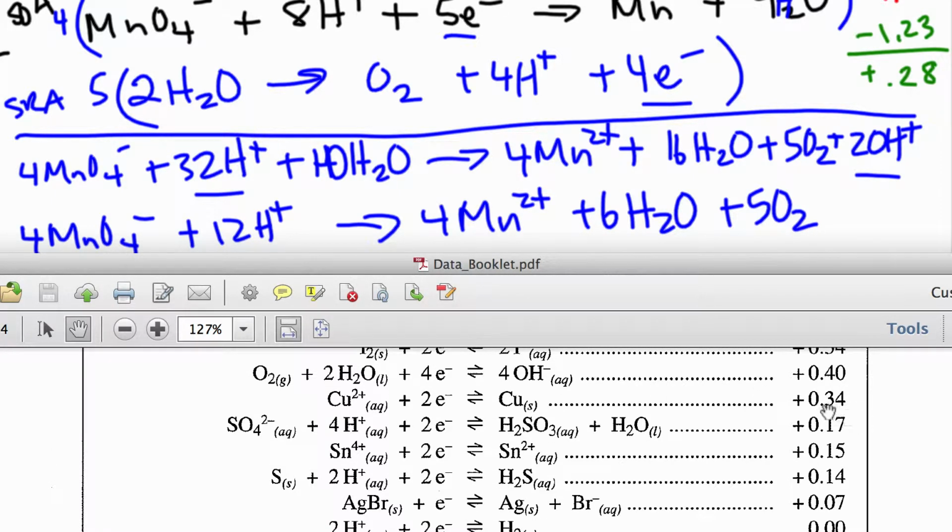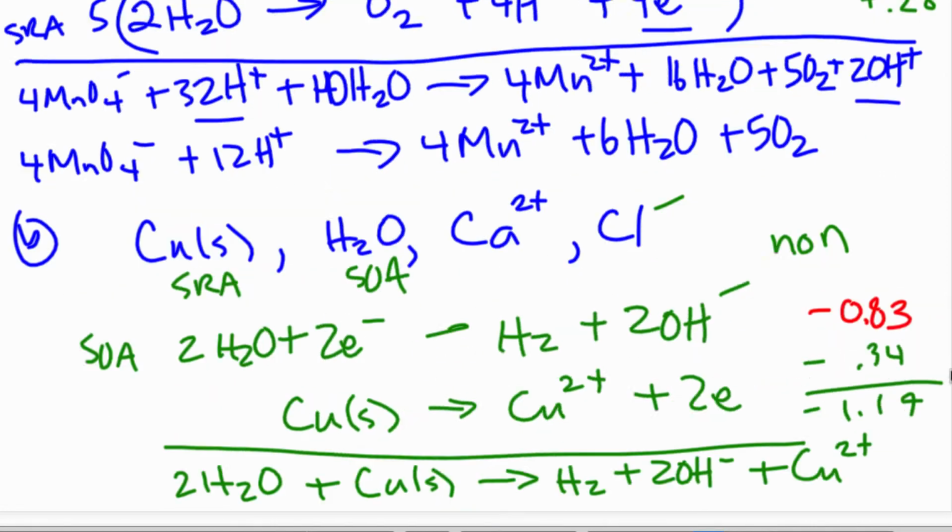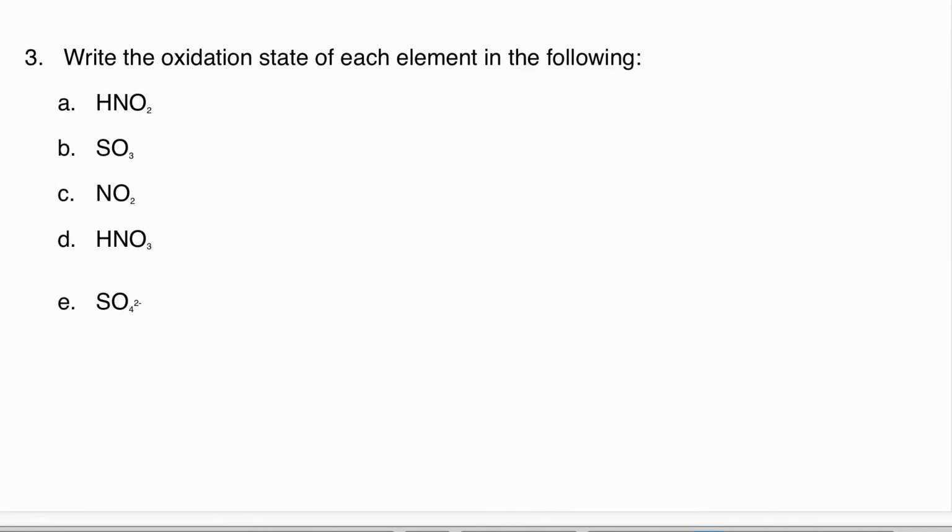Right there. And this one I have to change around, so it'll be negative 0.34. Okay, they're both negative, so I add, that'd be a 7, that'd be an 11, and this would be negative. So this reaction here is non-spontaneous, whereas this one at the top, because it's positive, would be spontaneous. Okay, so that is that question.